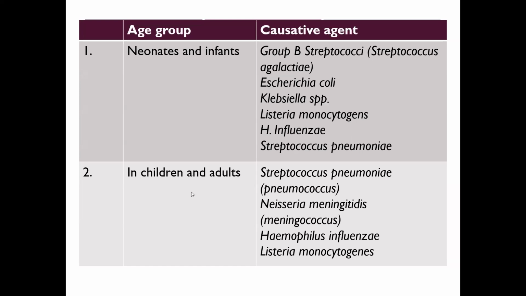And in children and adults, the most common causative agents are Streptococcus pneumoniae, also known as pneumococcus, Neisseria meningitidis, also known as meningococcus, Haemophilus influenzae, and Listeria monocytogenes. These are the bacteria that cause infections in children and adults.